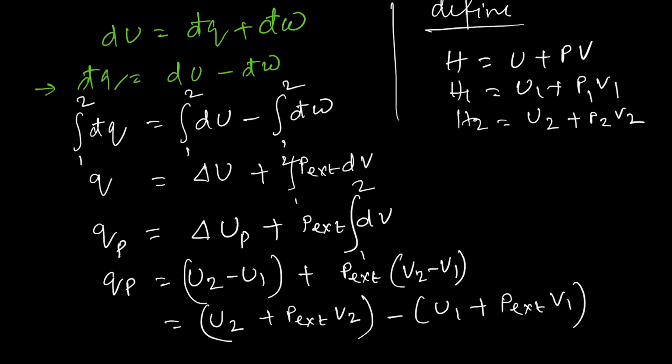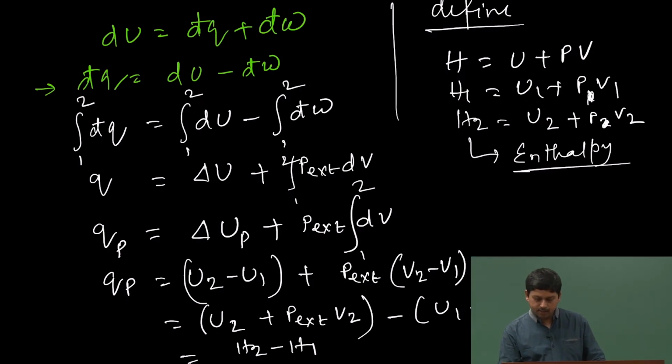Now, P remaining constant, I can write it as P. Once I do that, I can write Qp as H2 minus H1. So, what did I get? That heat at a constant pressure is change in a quantity which we call enthalpy. So, change in heat at a constant pressure is nothing but change in enthalpy. Enthalpy is our own definition, we define that to be U plus PV.